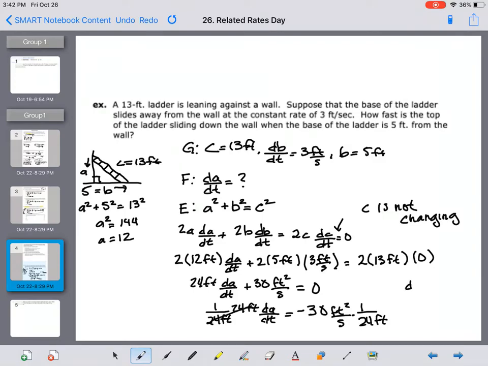And over here, our dA dt, which is what we're looking for, negative 30 over positive 24 is going to give us negative 5 over 4. And then our feet here are going to cancel out one of our feet from the top. So we get back to feet over seconds. In decimal form, that's negative 1.25 feet per second.